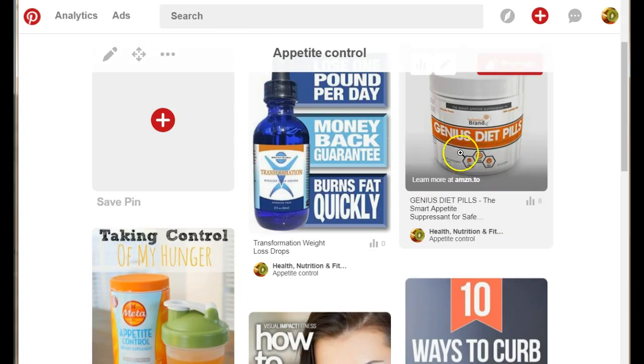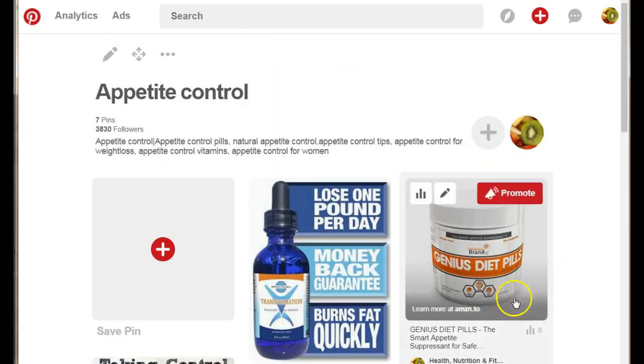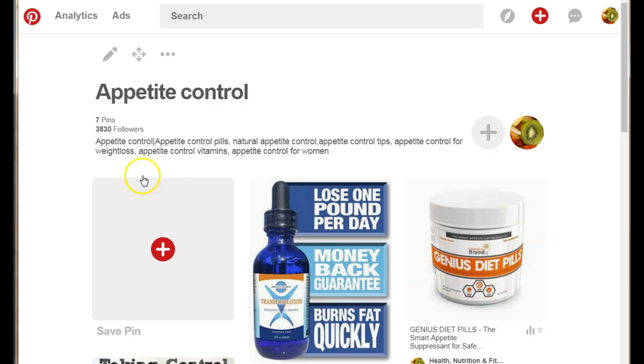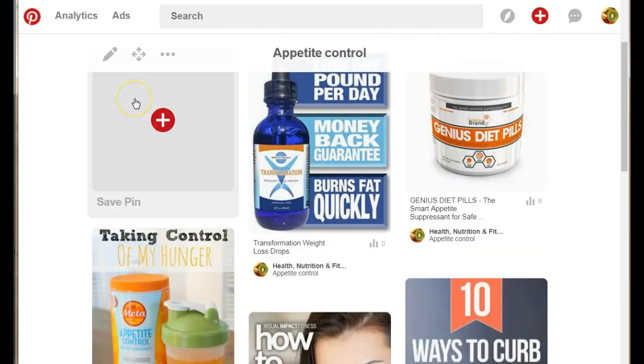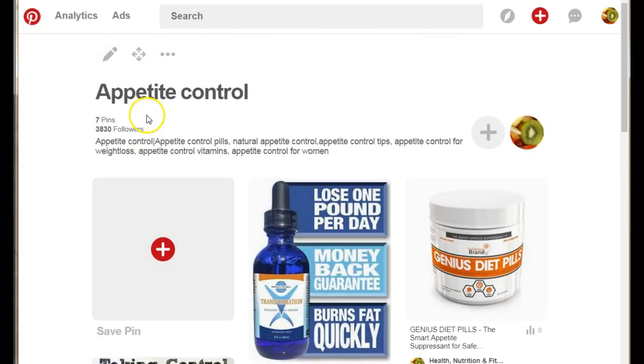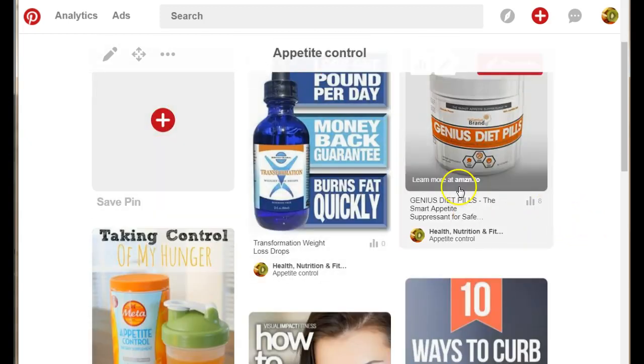Like you see, this is a product from Amazon that I pinned on here, and because this particular subtitle or topic has all of these followers, my pins are going to get shown to them. But the reason this hasn't had a lot of repins is because this is not a rich pin.